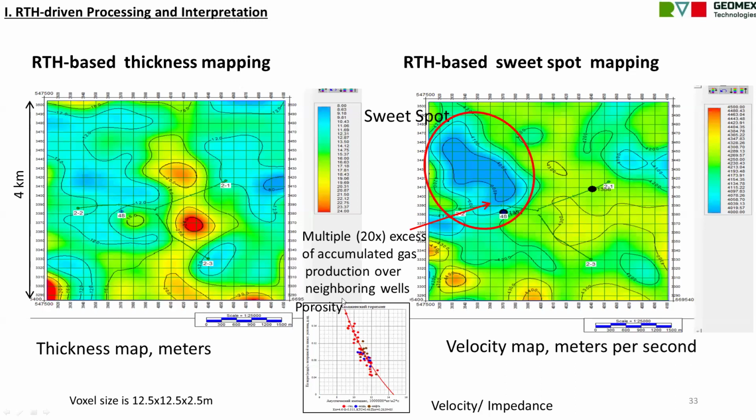The production over neighborhoods during 1 year, 1.5 years, is 20 times more than in these two horizontal wells. So if we know one sweet spot, it's enough to drill one horizontal well. It's enough.